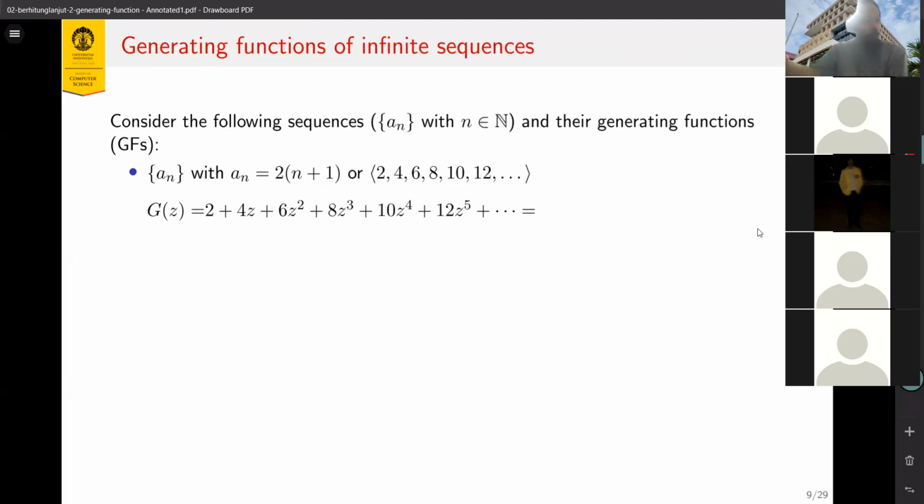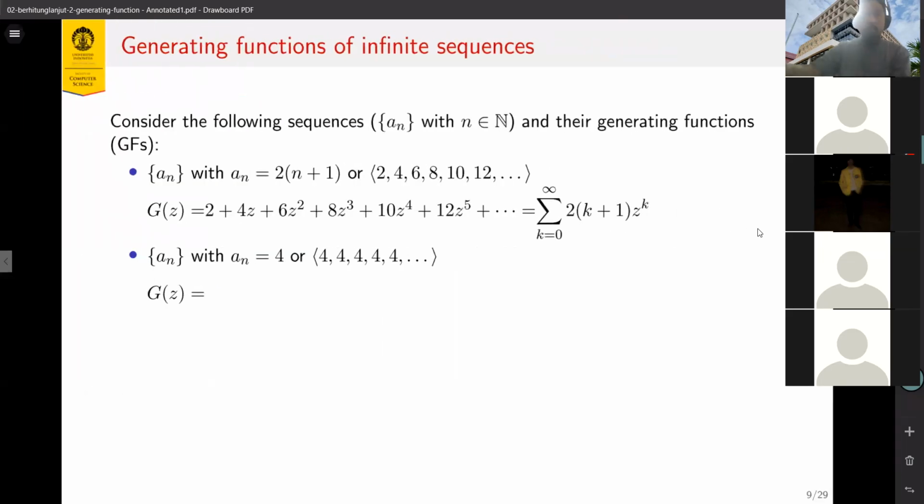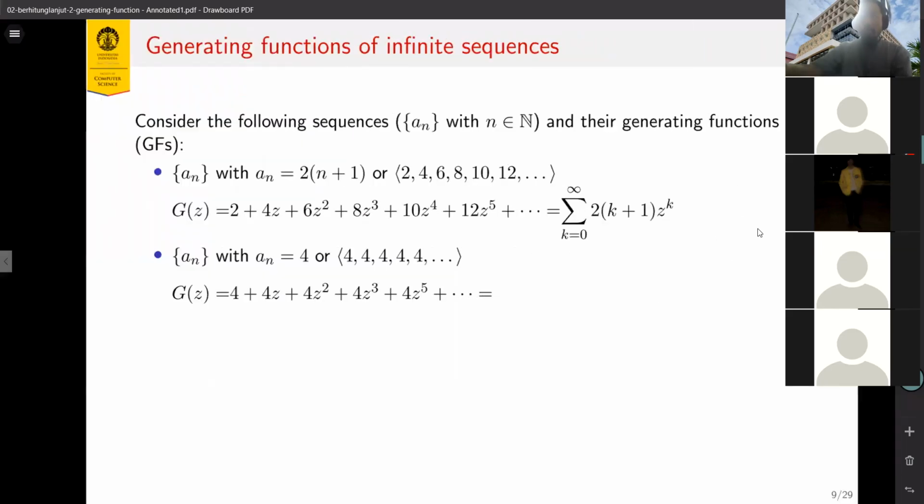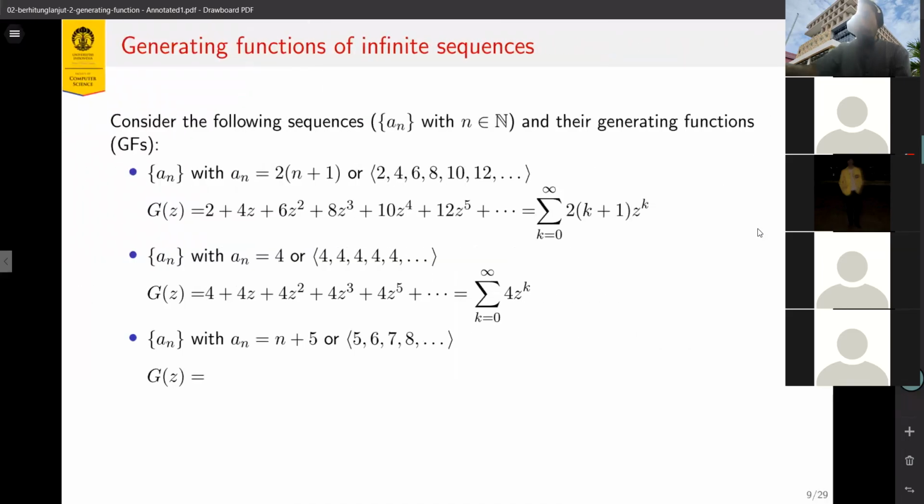You see that? And this is the summation form. And we will see how this would be represented in closed form.